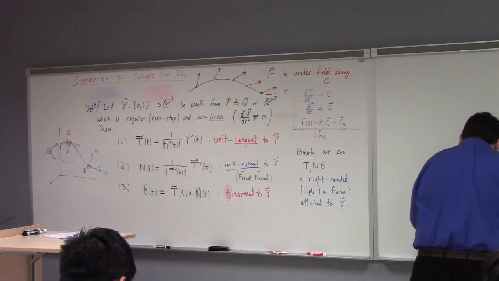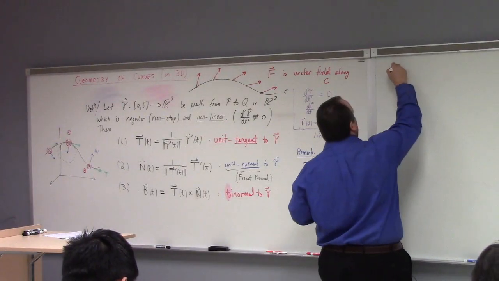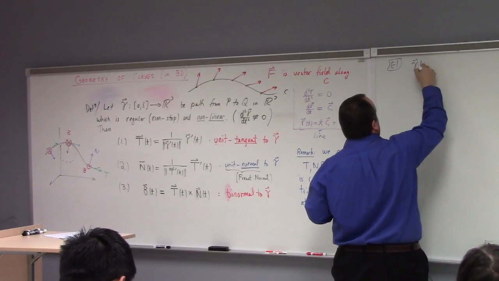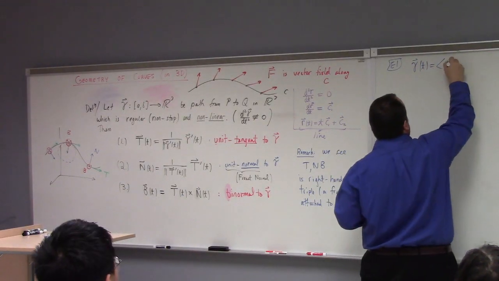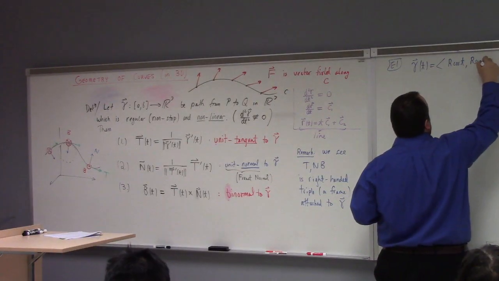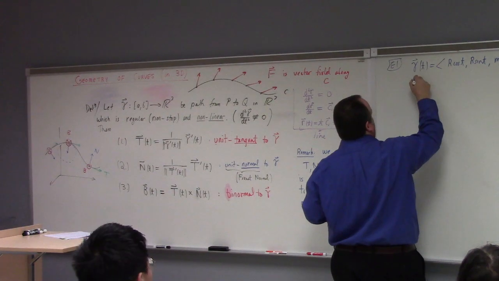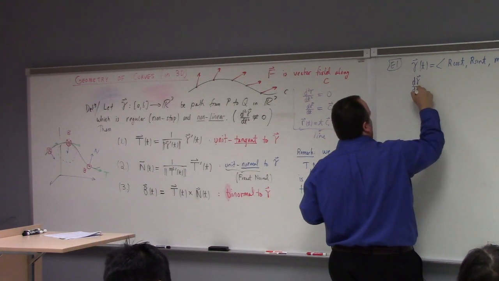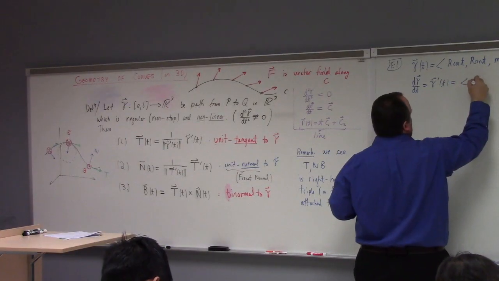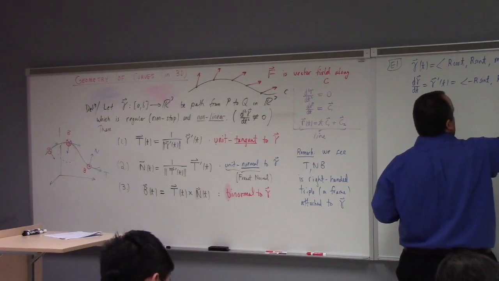All right. So, example 1. Let's look at that helix we looked at last time. Gamma of t is r cos t, r sine t, mt. We worked out that d gamma dt, also known as gamma prime, was minus r sine t, r cos t, m.